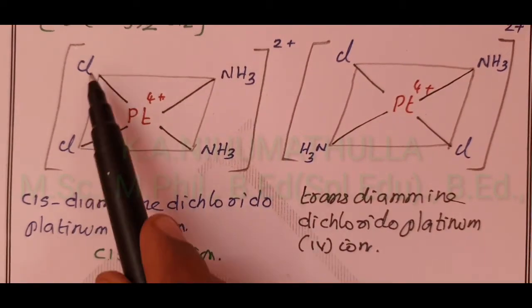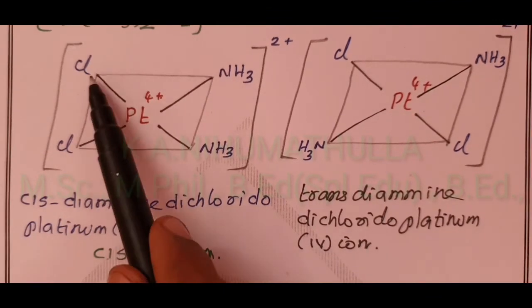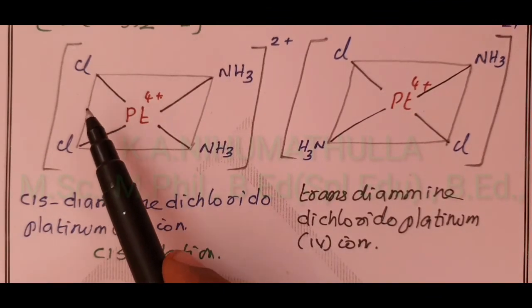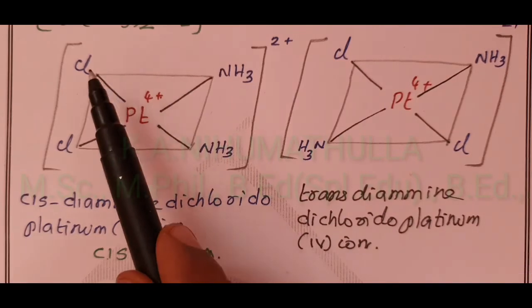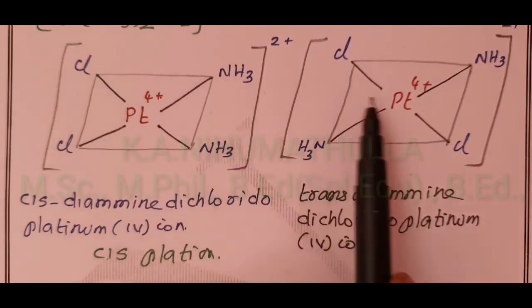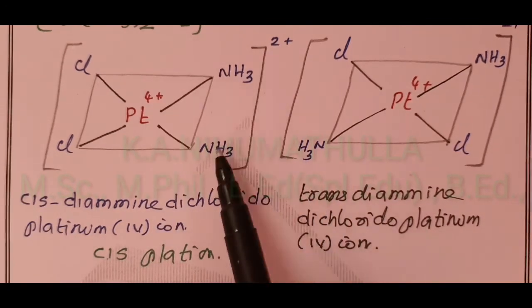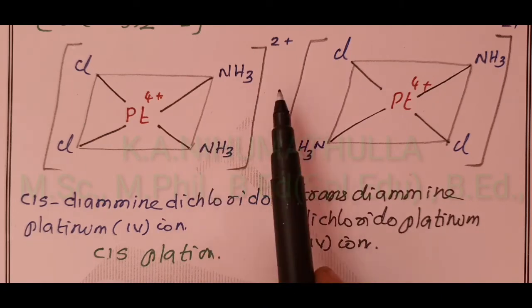The 2 Cl minus ions, chlorido, form a number of cross links between the two helices of DNA. These two amines are present in the outward position.